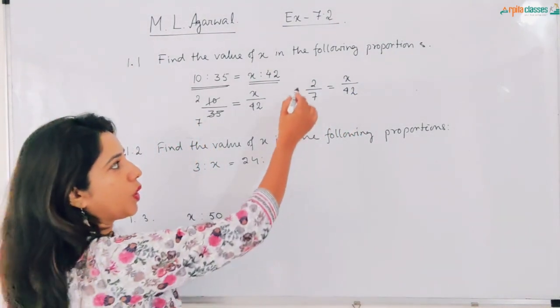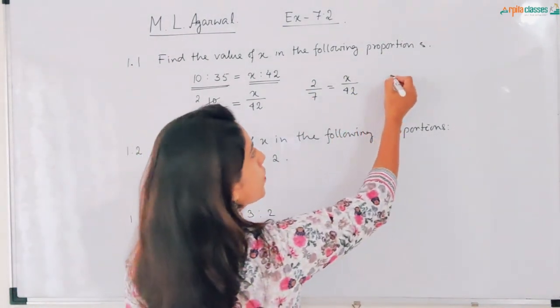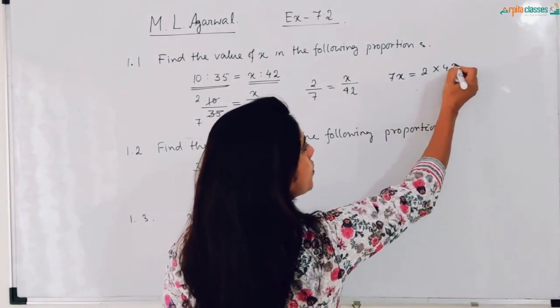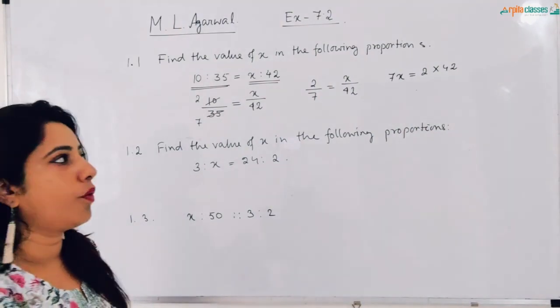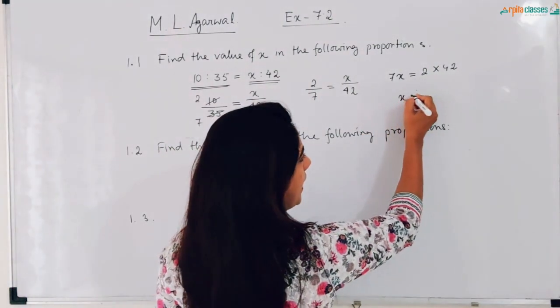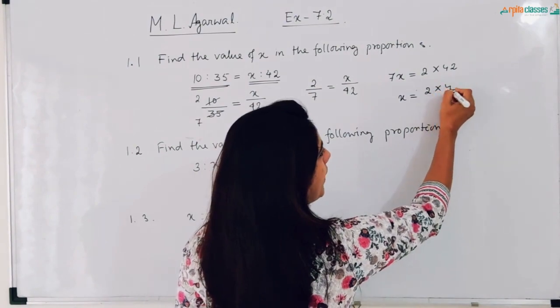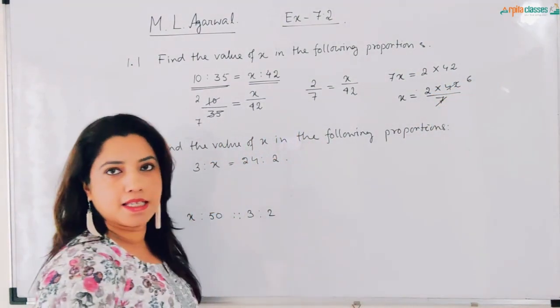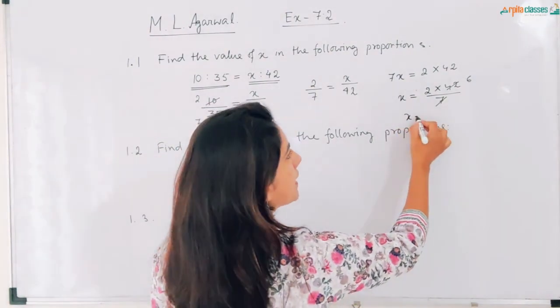Now after this we can cross multiply. So 7x would be equal to 2 into 42. I am not multiplying 2 into 42 because after this step when I write x is equal to 2 into 42 upon 7, 7 and 42 will get cancelled and you get the value of x as 6.